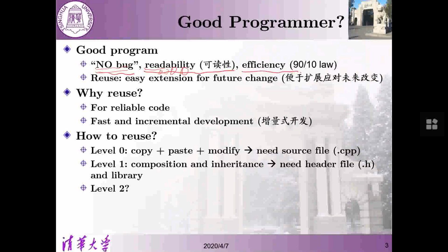For efficiency, there is a law, the 90-10 law. The 90-10 law says 90% of the execution time of a computer program is spent executing 10% of the code.